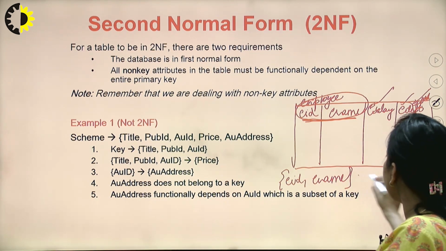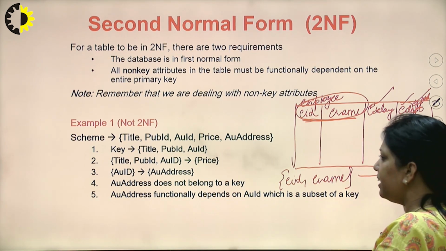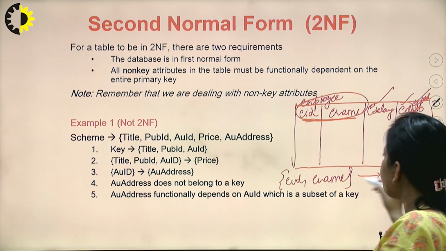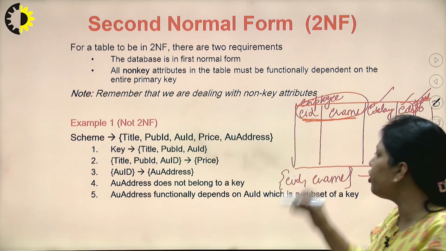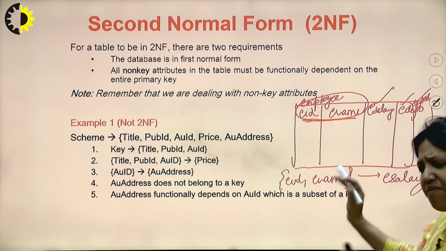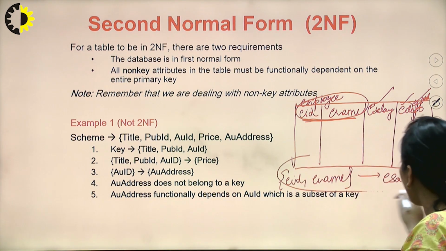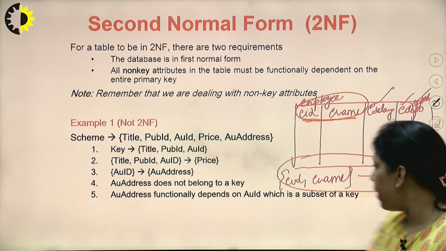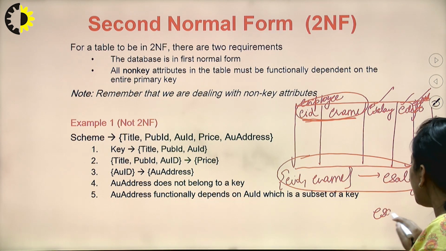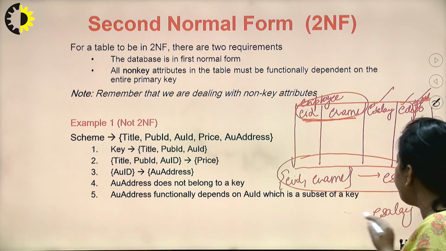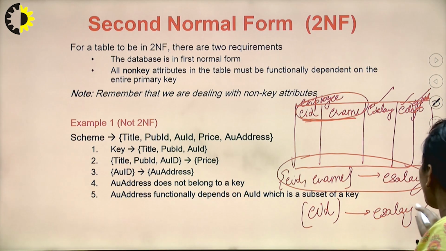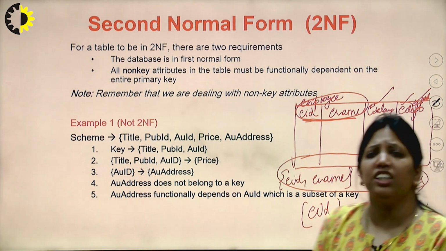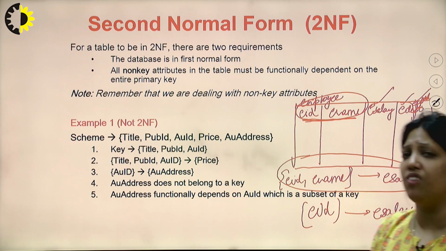If employee salary is functionally dependent on employee ID and employee name, then we can say that this relation is in second normal form. But if employee salary is only dependent on employee ID, then this is not in second normal form, because this is a partial dependency.